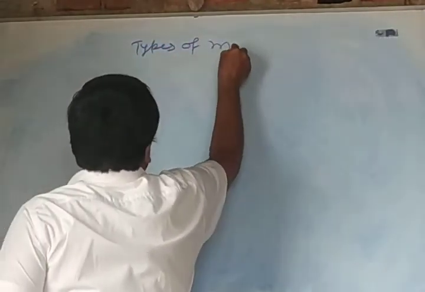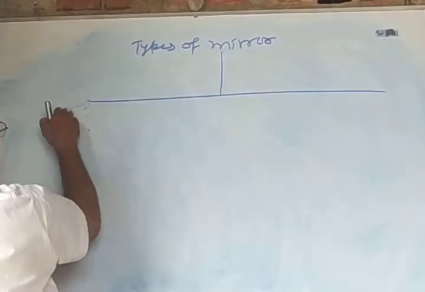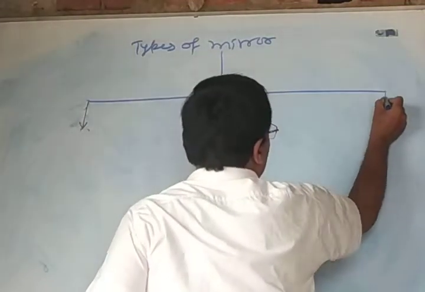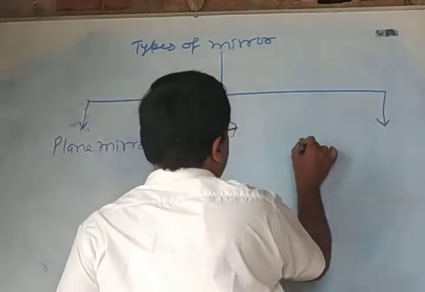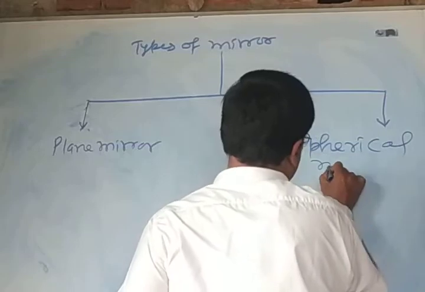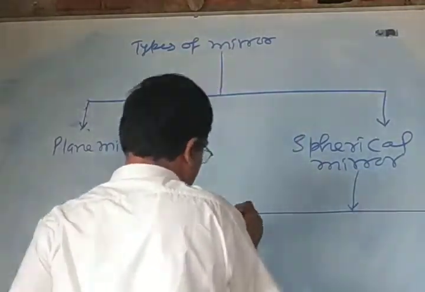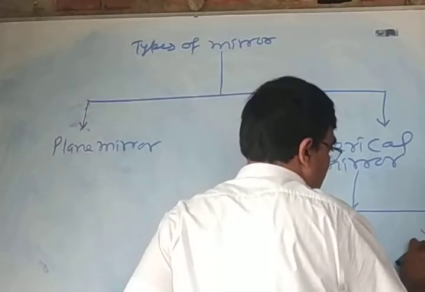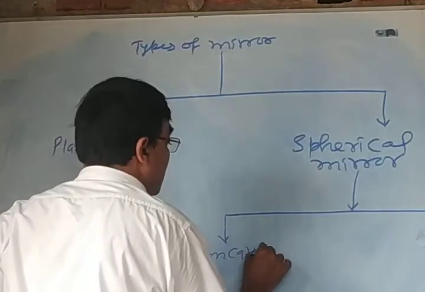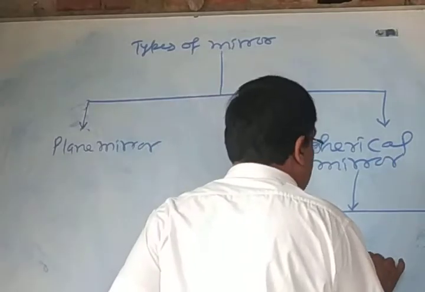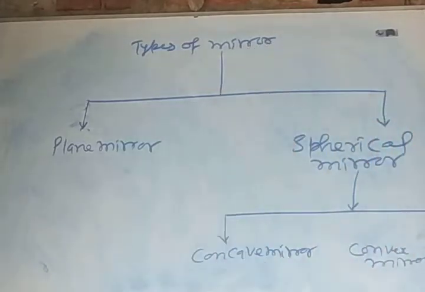Spherical mirror has two types: concave mirror and convex mirror. This is the classification of mirrors.